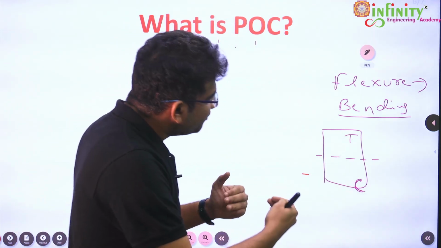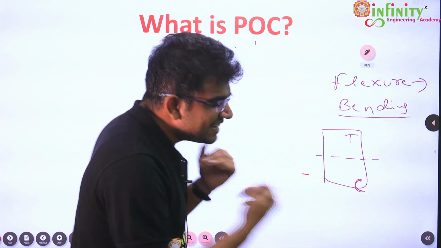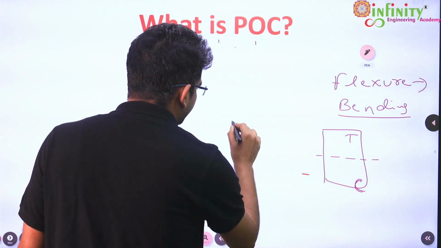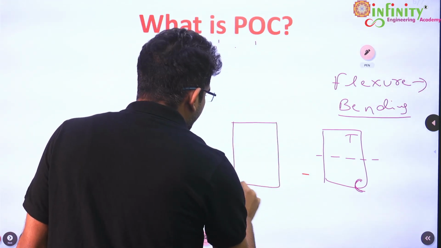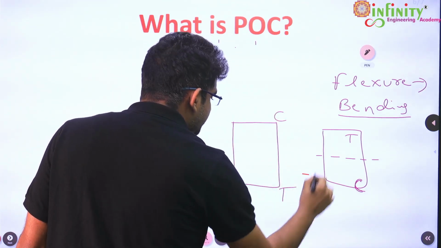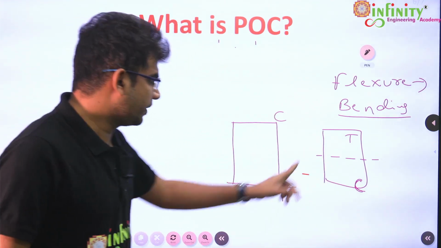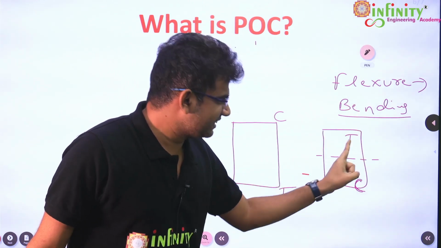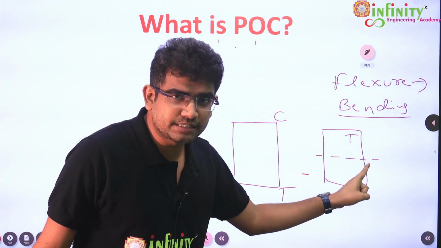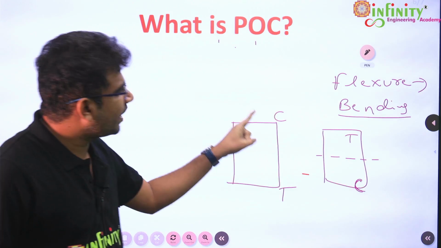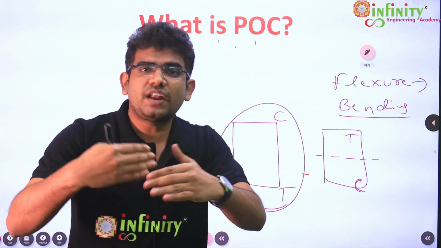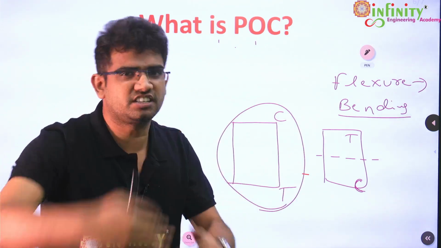Now, whenever bending moment changes its sign, your compression goes here, tension comes here. Initially up to a certain point, the flexure is like this, but beyond that point, your flexure will be like this. That means flexure is changing its nature.